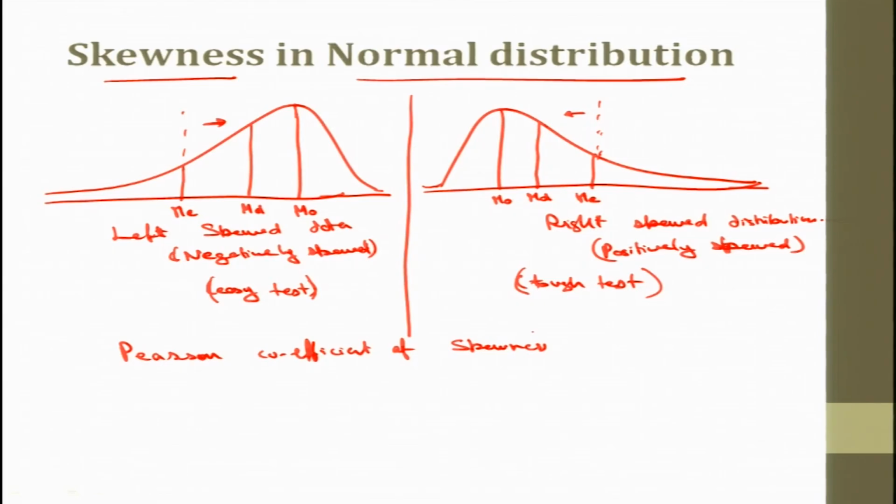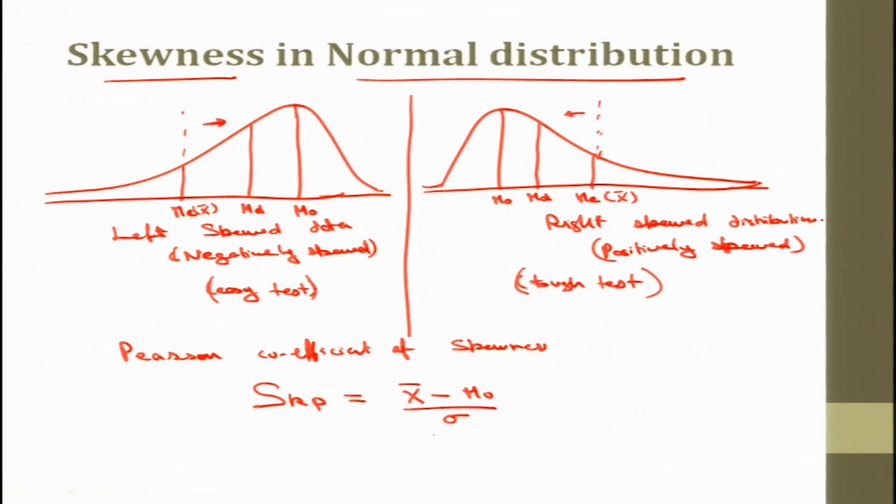Pearson mode skewness implies that the skewness coefficient, I'll denote it SK, and I'll put P here as Pearson coefficient of skewness, is equal to the difference of the mean from the mode. I put mean M here, I can put x bar here as well. This is mean x bar, divided by the standard deviation.